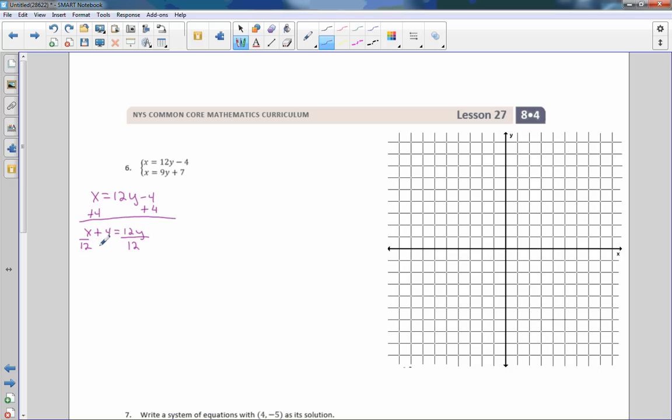And when you divide by 12, everything gets divided by 12. And these 12's cancel, leaving y equals, and I get 1/12 x plus, and that reduces to 1/3. Okay, so I'm going to rewrite that. I'm just going to reverse the sides. Y equals 1/12 x plus 1/3. So there is the slope-intercept form of my first equation, where my slope is 1/12 and my y-intercept is 1/3.